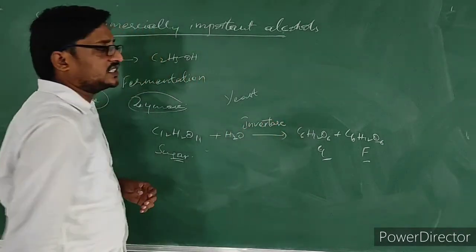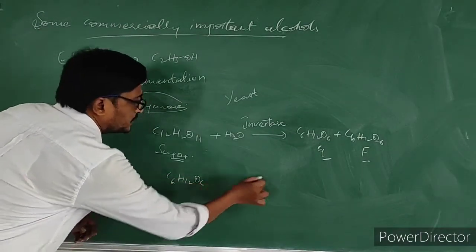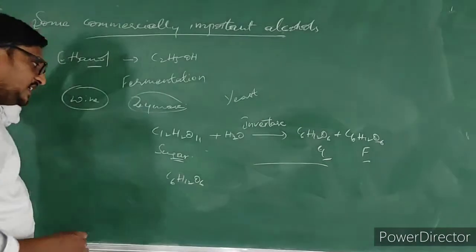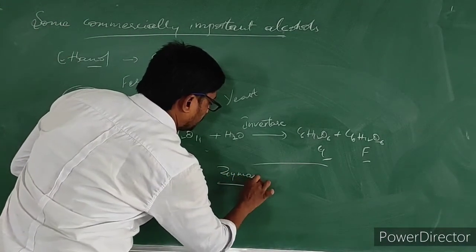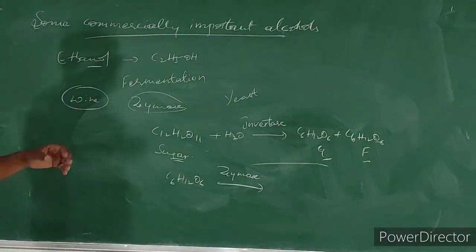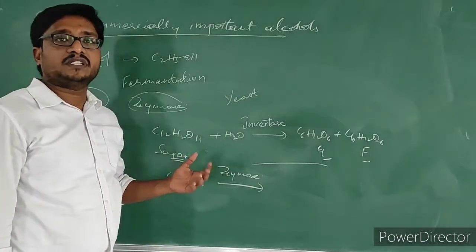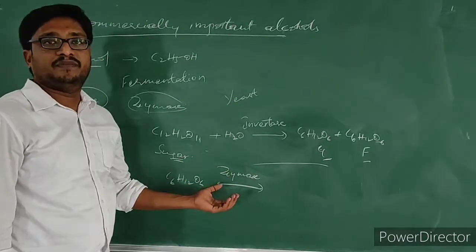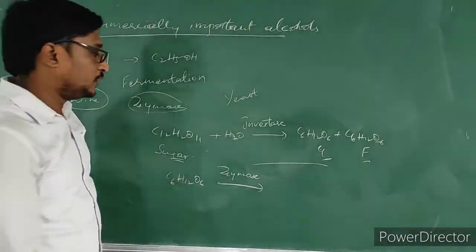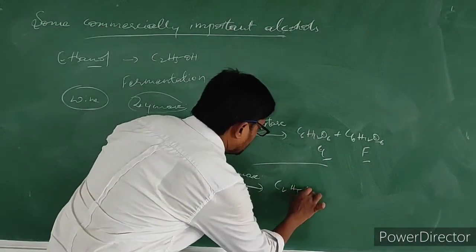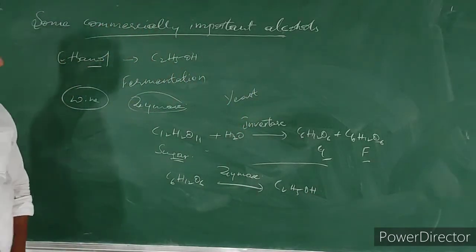Now glucose, which is produced in the first reaction, is treated with the enzyme zymase, as I said before. This zymase is generally present in yeast. When grapes are crushed, the zymase enzyme reacts with the glucose and converts it into ethanol, C2H5OH.